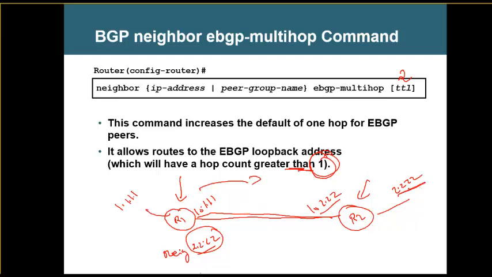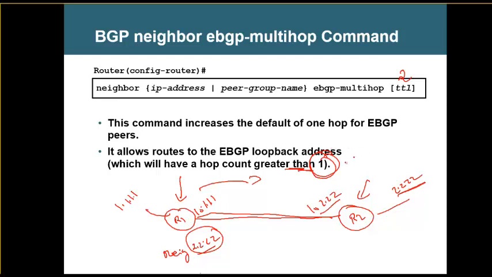Is your argument. Though it is one hop away, it is not directly connected. Because it is not directly connected, BGP cannot even send any packet. It won't send any packet, first of all, outside.